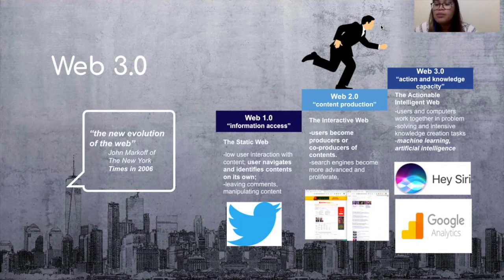Well, for the Web 3.0, it's a bit leveled up web technology, focusing on action and knowledge capacity. The actionable intelligent web, they call it, where users and computers work together in problem solving and in intensive knowledge creation tasks. So this includes machine learning and artificial intelligence.